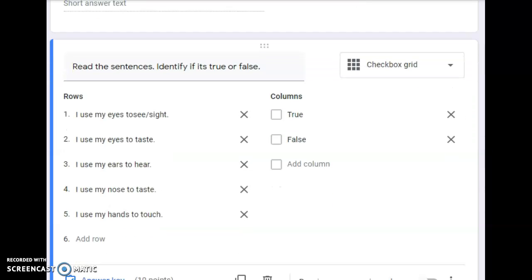There are 5 examples of sentences where you click true if it's correct and false if it's not correct.